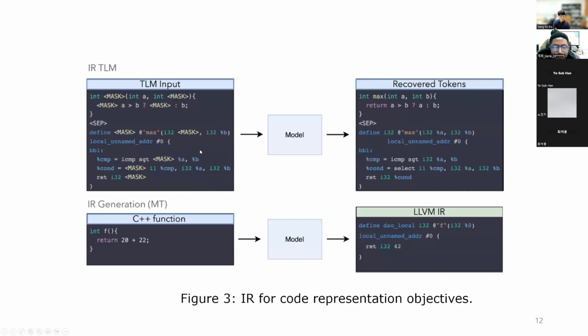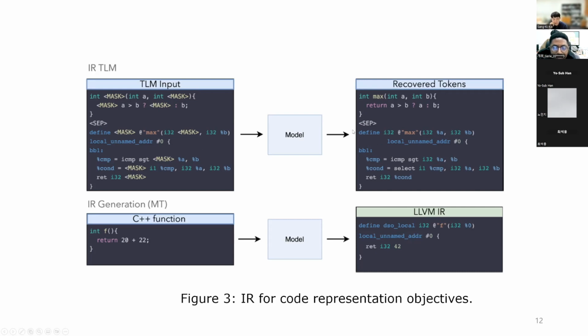Here is an example. The first example is about TLM. It takes the source code and its corresponding IR representation. In TLM, we should note that this is the complete IR representation of the previous source code. This source code corresponds to this IR.